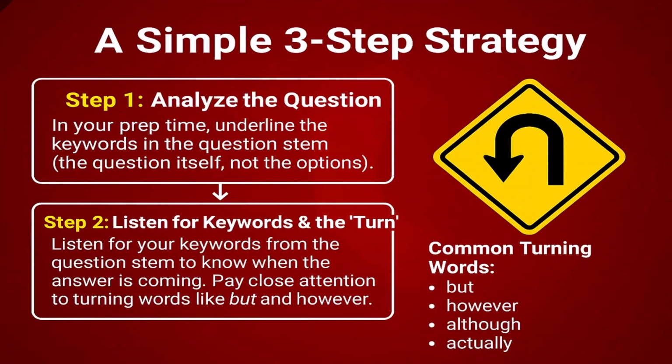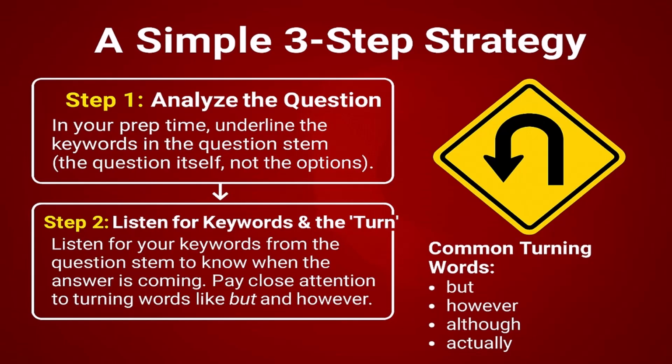Our strategy is simple and reliable. Step 1. Analyze the question. During your prep time, focus on the question itself. We call this the stem. Underline the keywords. What specific piece of information are you being asked to find? Step 2. Listen for those keywords and any turning words. The keywords from the question stem will tell you when the relevant part of the audio is starting.